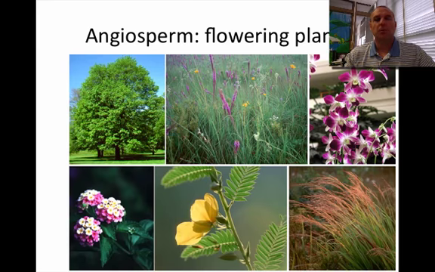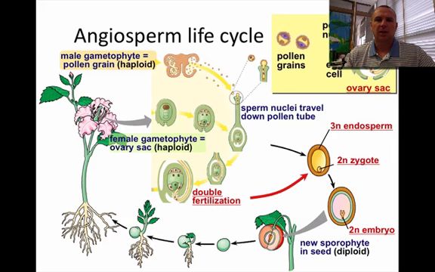Now, angiosperms are your flowering plants, and these are just some examples. Oak tree, flowers like we'd see, a mimosa. Things that you would think of being flowering. Now, an angiosperm's life cycle is down here. You have a male gametophyte, which is your pollen, right?